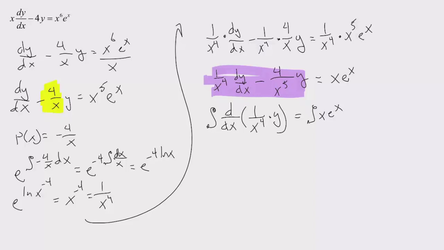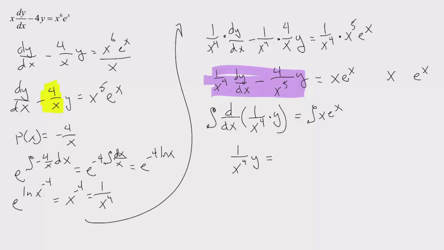Again, because the left side was picked to be an application of the product rule, feel free to convince yourself that we are looking at that. But when we integrate the same thing that we differentiate, we're left with 1 over x to the 4th y. And this integral of x e to the x is an application of integration by parts. If you remember how that process works, I'm going to differentiate one side and integrate the other side.